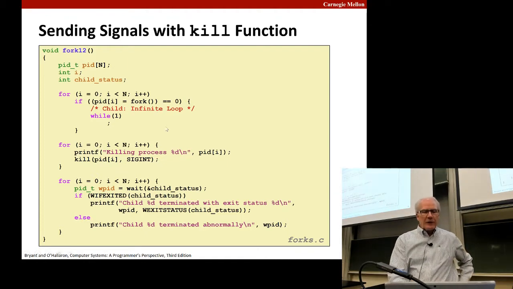Here's an example of some code that fires off a bunch of children, all of which just go into an infinite loop. Then I will kill them, meaning I'll call the kill function on their process IDs, where the type of signal I'm sending is SIGINT.